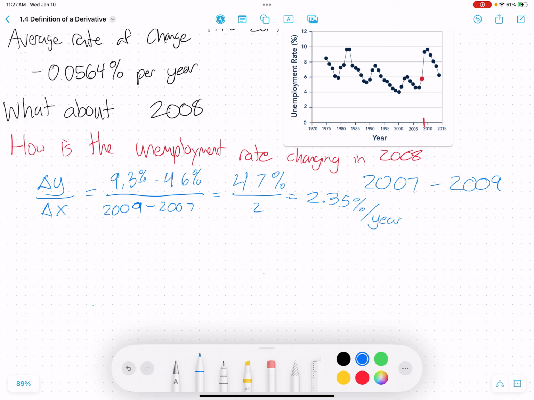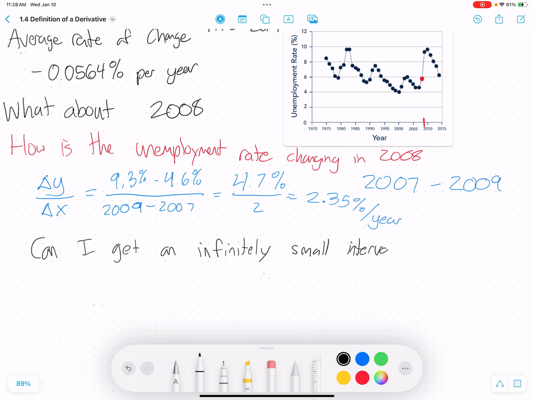If I have a function though, or if I have an equation, I can plug whatever numbers I want in, and I could theoretically get this interval as small as I want. I could use an interval the size of 0.01. I could use the interval size of 0.001. So, this begs the question, can I get an infinitely small interval?